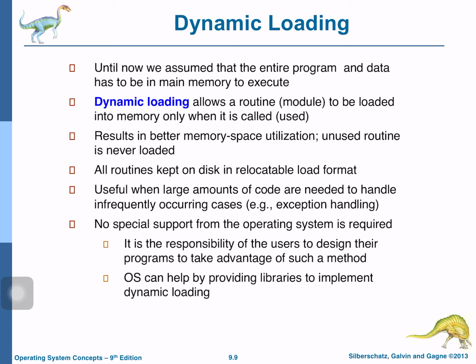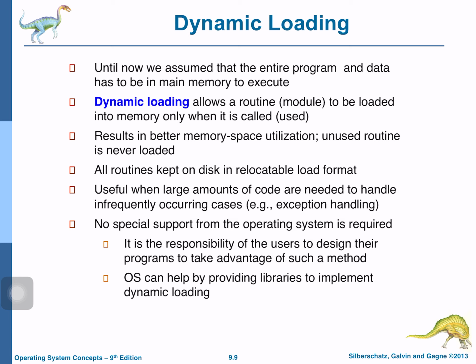This is what we call dynamic loading, meaning that we only transfer the code that is required into the memory. This results in better memory space utilization. An unused routine is never loaded, and all routines are kept on disk in the relocatable load format. It is useful when large amounts of code are needed.